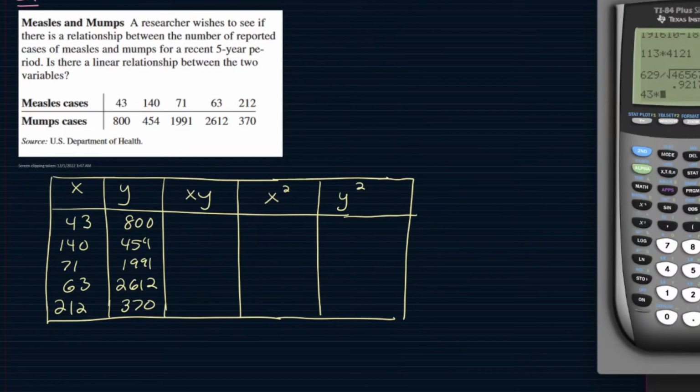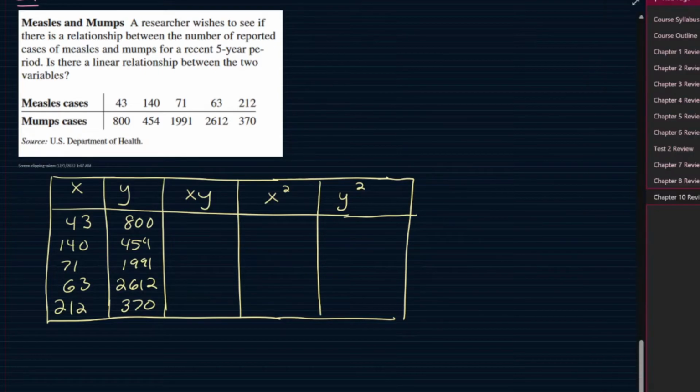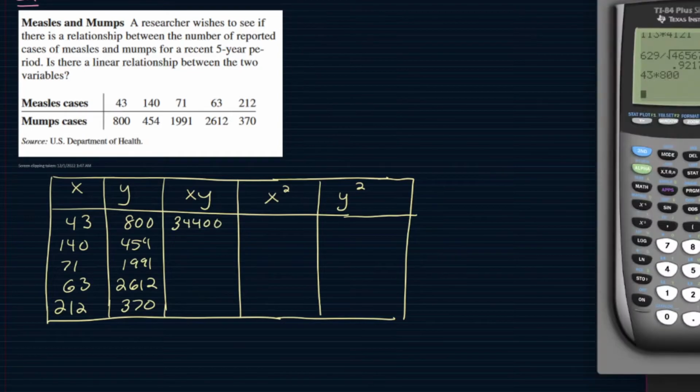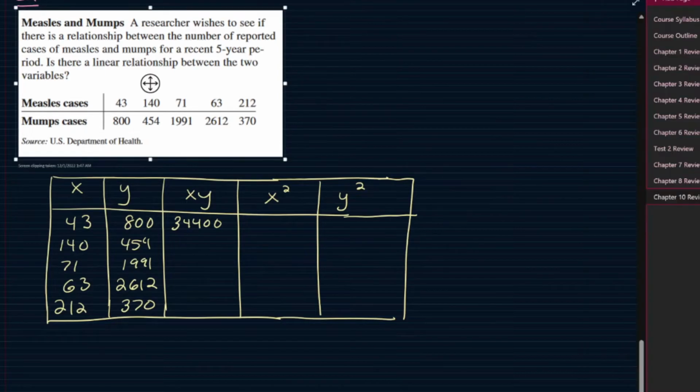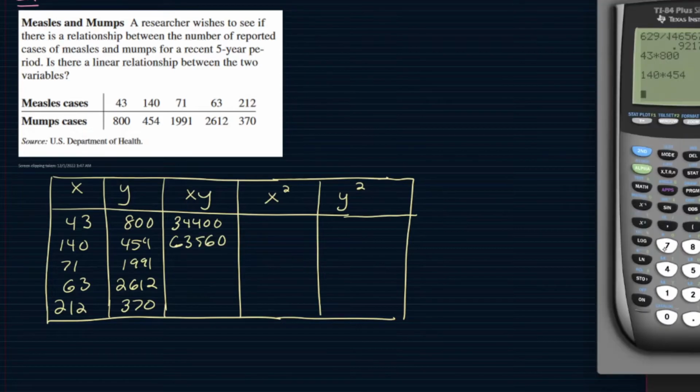43 times 800, 34,400. 140 times 454, 63,560. I think you might be able to have a spreadsheet at this point.